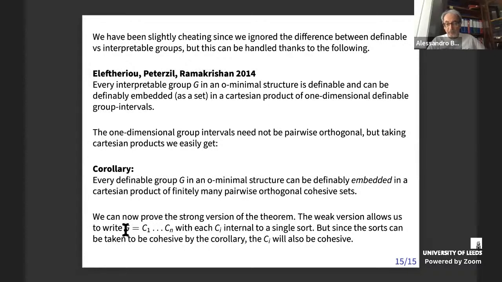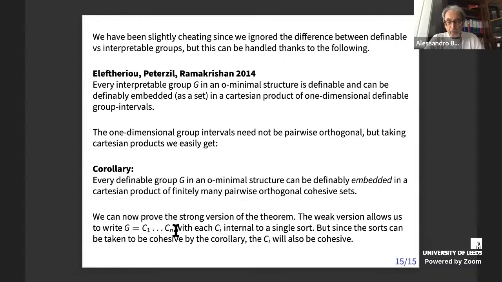So we have obtained the full strong theorem. So any group is a product of cohesive subsets. And there is a difference between the weak version and the strong version. So this is the last slide, so I have essentially finished, but let me say just one more word.